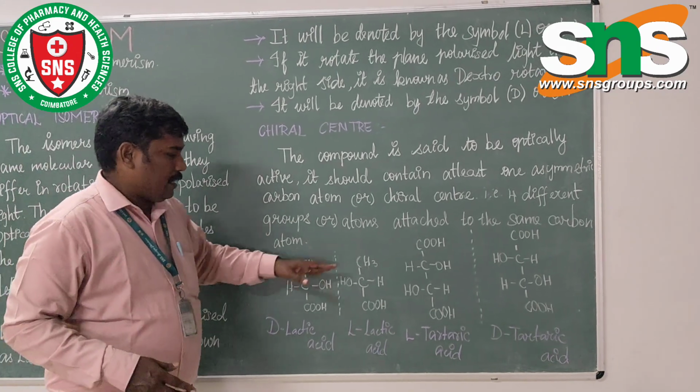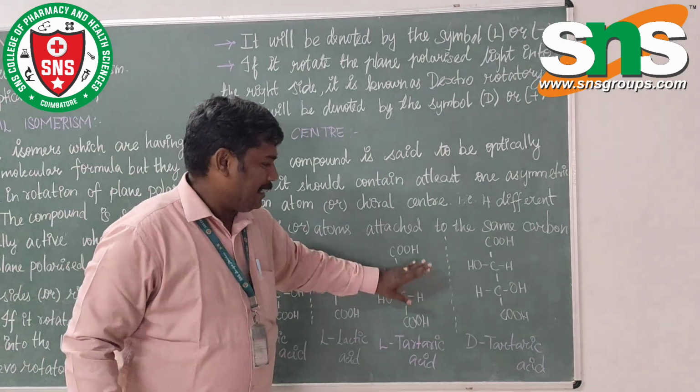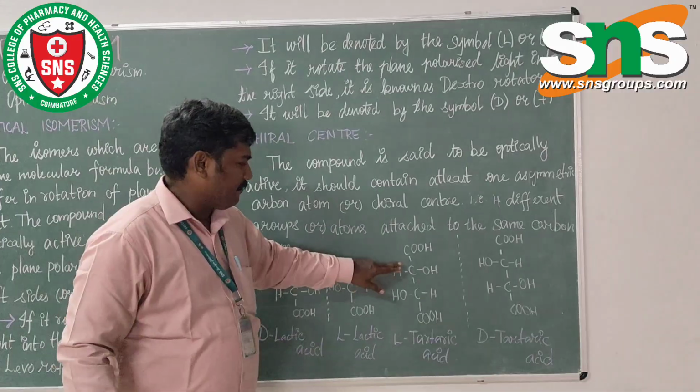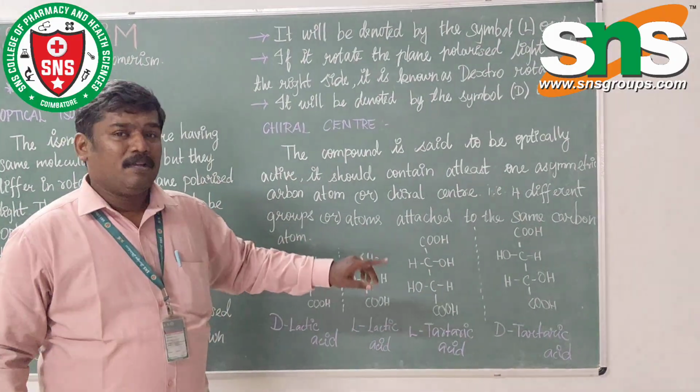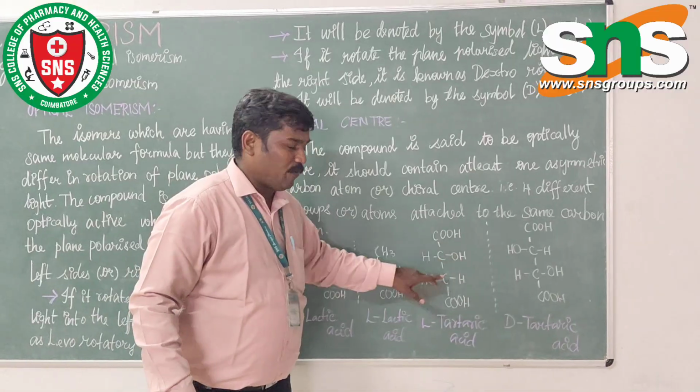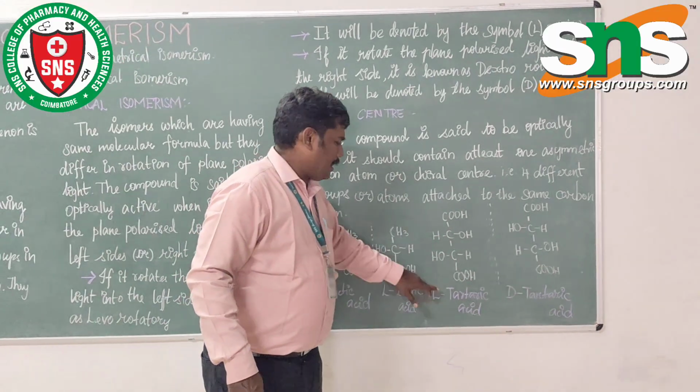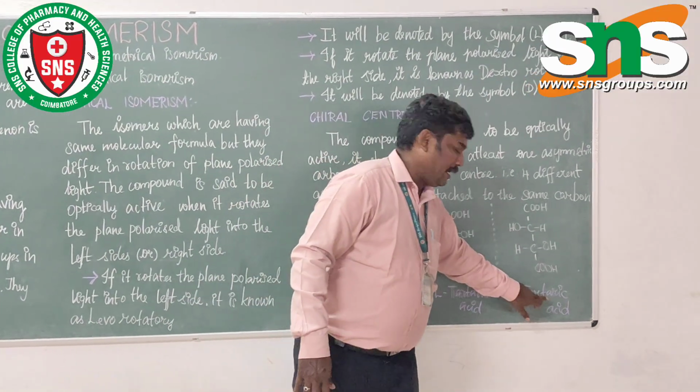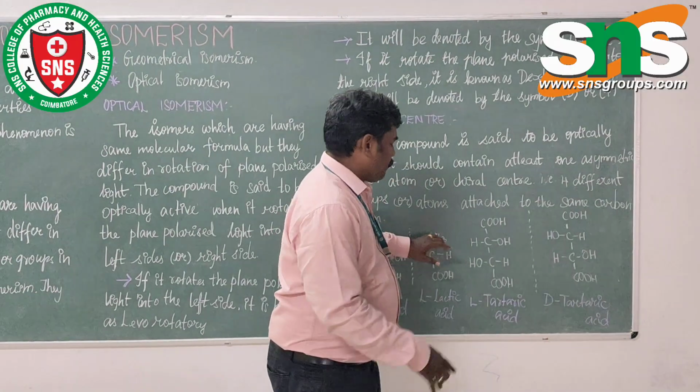Similarly, another example is tartaric acid. Here we will find that it contains two asymmetric carbon atoms. This is the L-tartaric acid and this is the D-tartaric acid.